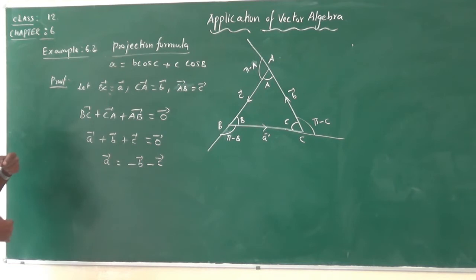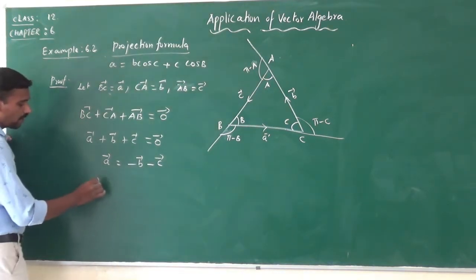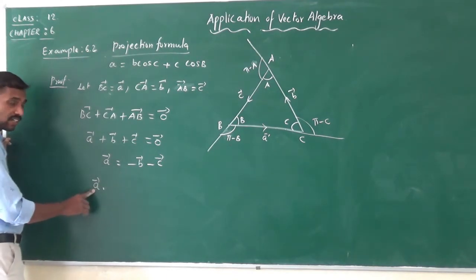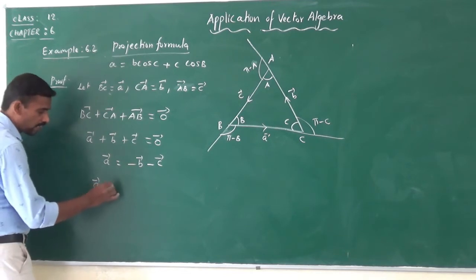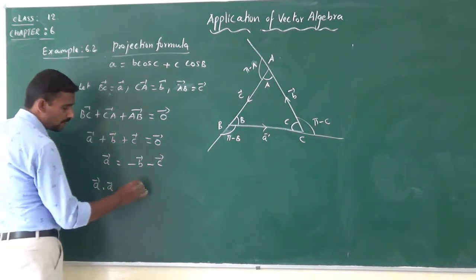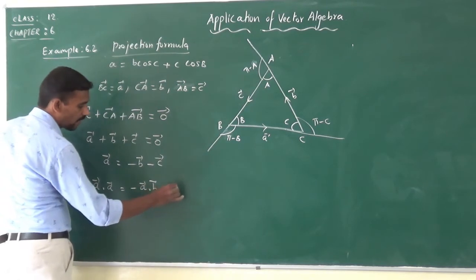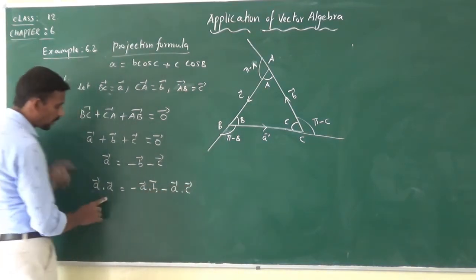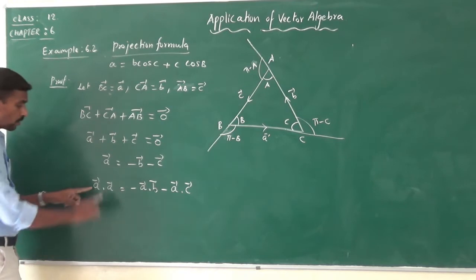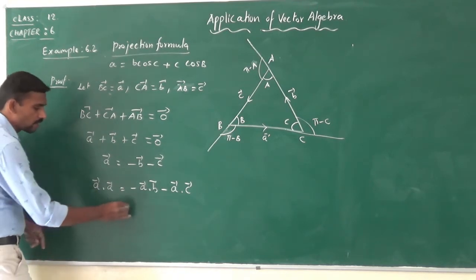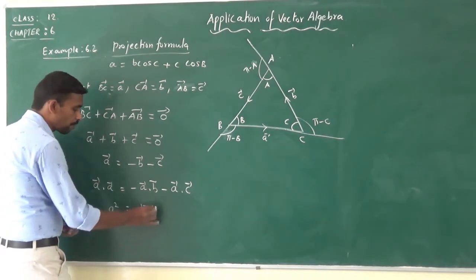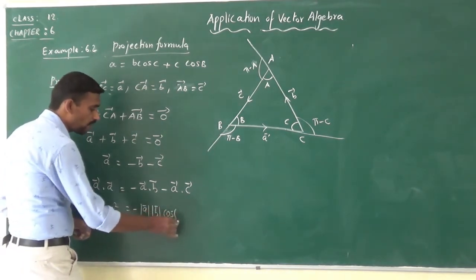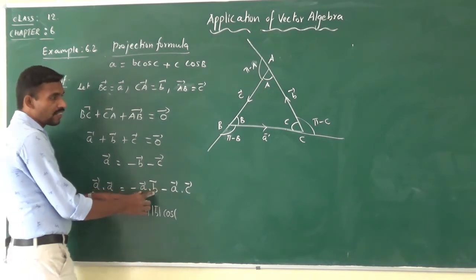Now take the dot product with a vector on both sides. A vector dot a vector is nothing but a square. On the right side, a vector dot b vector, according to the dot product definition, is magnitude of a, magnitude of b, cos of the angle between them.